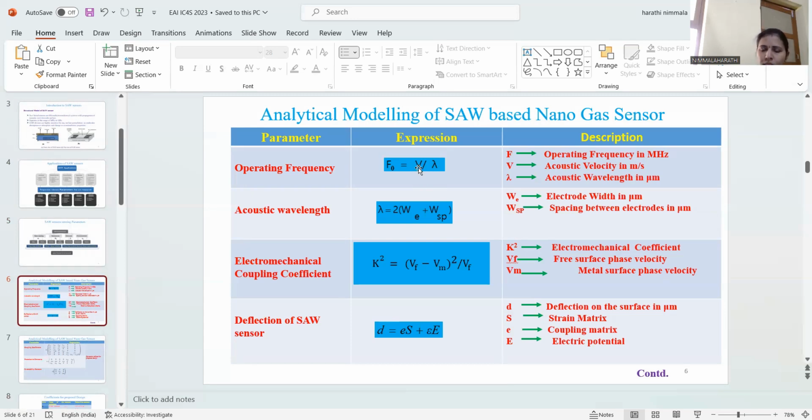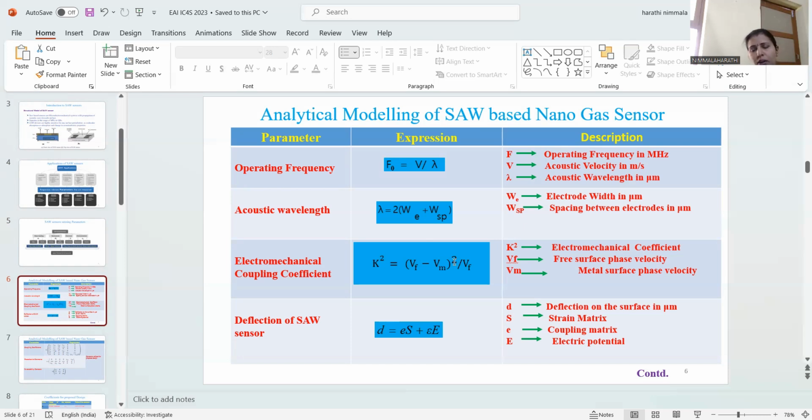Here, V is the acoustic velocity and lambda is the acoustic wavelength. Acoustic velocity comes with the piezoelectric material, and lambda is expressed as twice the electrode spacing. Now, the amplitude of this surface acoustic wave sensor is greatly influenced by the electromechanical coupling coefficient.